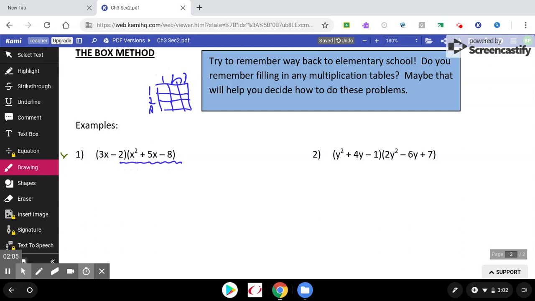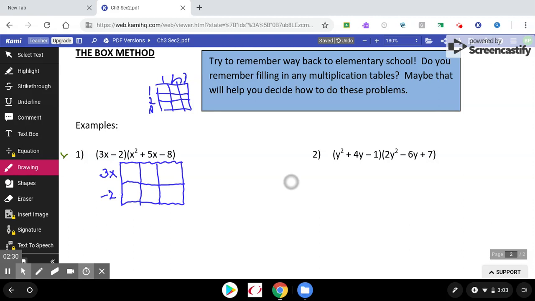So I'm kind of lazy. I'm going to put my box right underneath that second trinomial. I'm going to make a box that has 2 rows and 3 columns. Well, why 2 rows and 3 columns? Because the first part of the problem has 2 things to multiply, and the other part of the problem has 3 things.